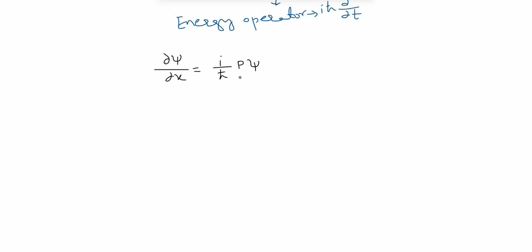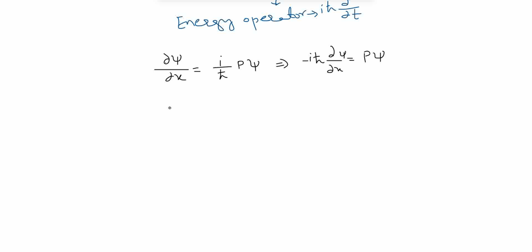When we take h cross to that side and divide by i, multiplying i in the denominator, we get minus i h cross dou by dou x times psi, which gives us momentum times the wave function.